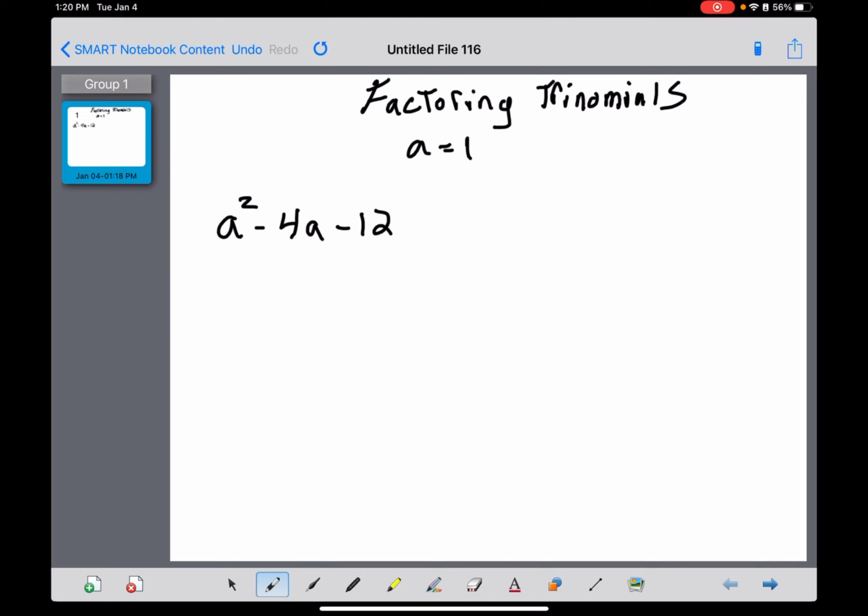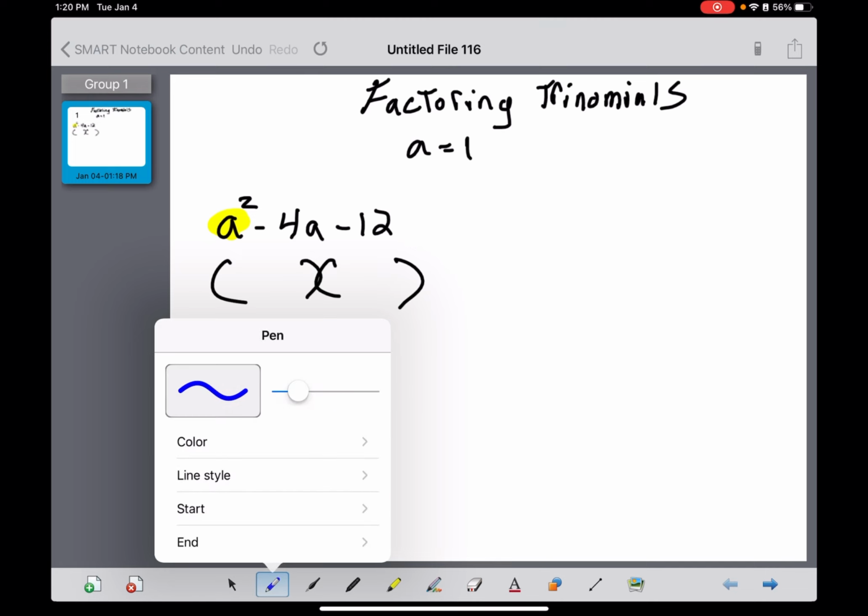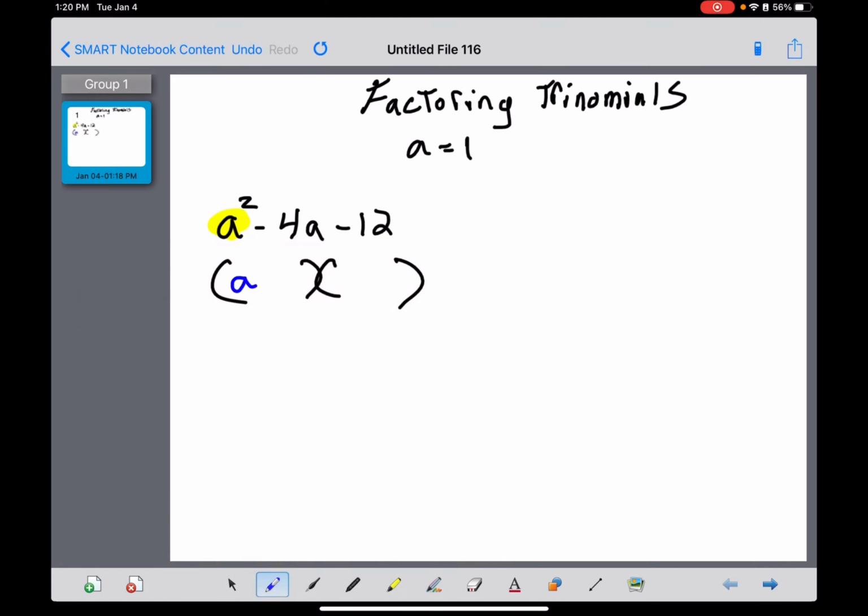Remember when we started this out, to make 2 binomials, the first thing we looked at was our variable. In this case, it's a. So we put our first values both as a, because if we're going to FOIL it out, a times a is a squared.